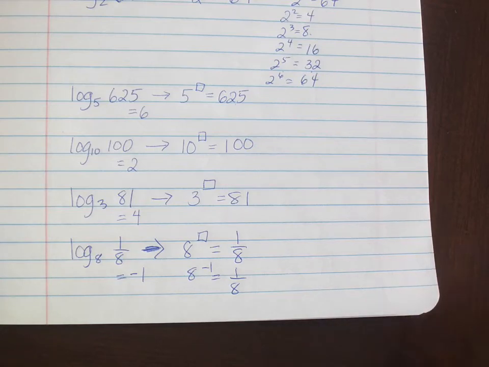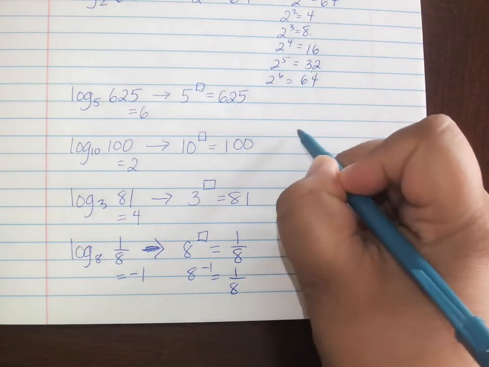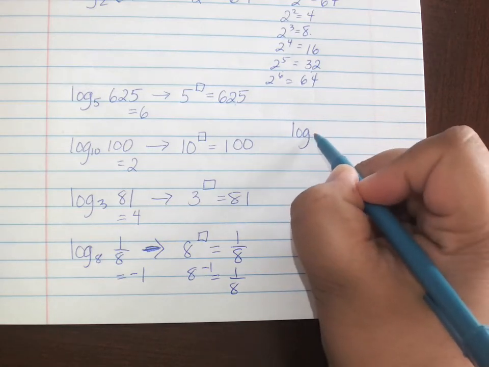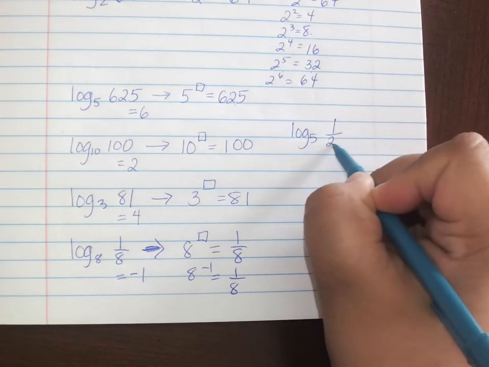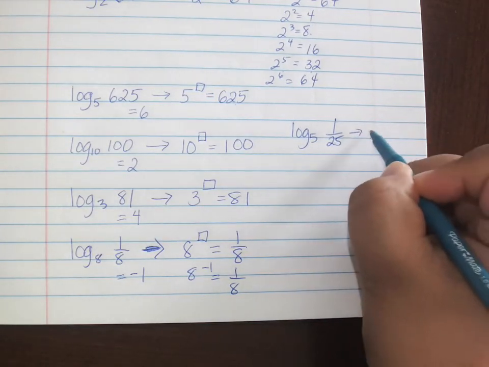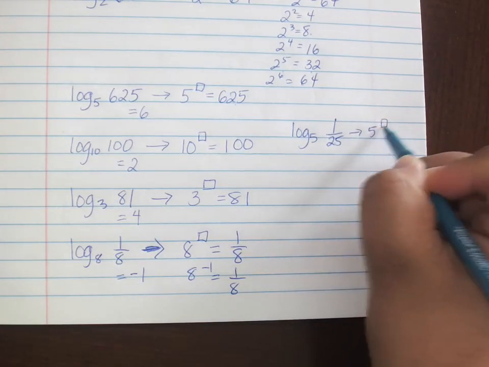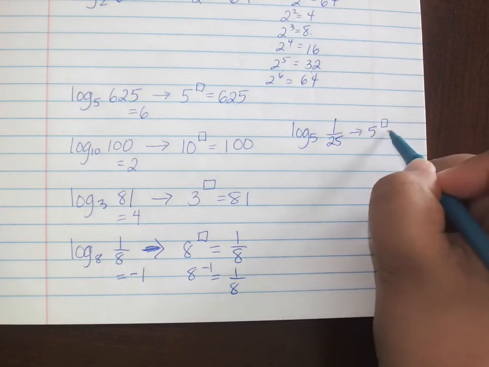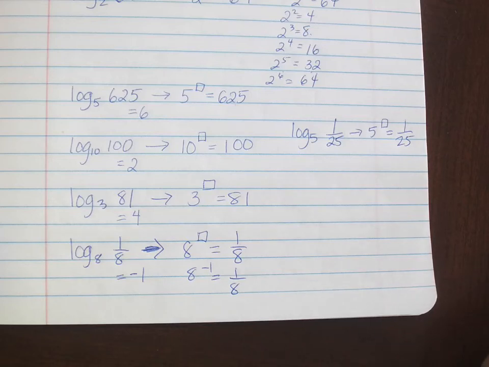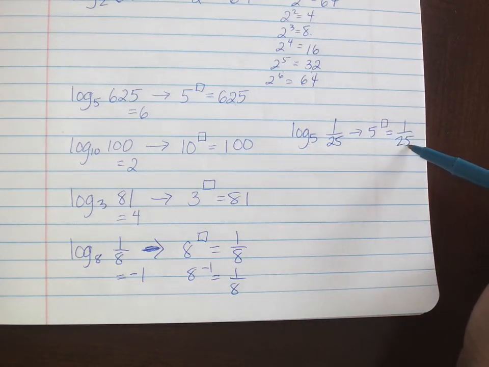Let's do another one with the negative exponent. So log base 5 of 1 over 25. So this means 5 to what power is 1 over 25? So what makes it go to the denominator and become 25?